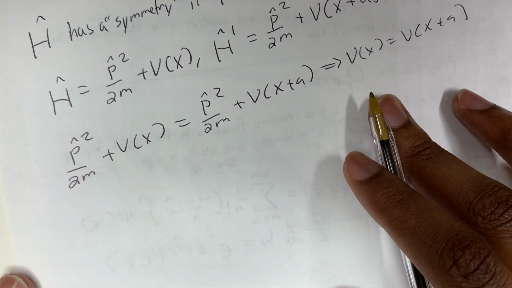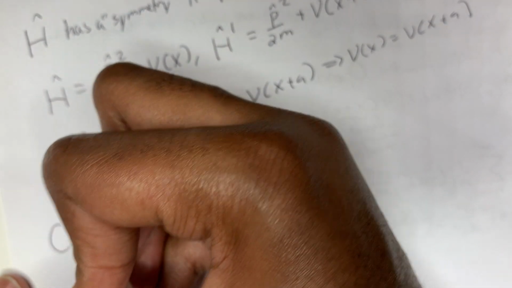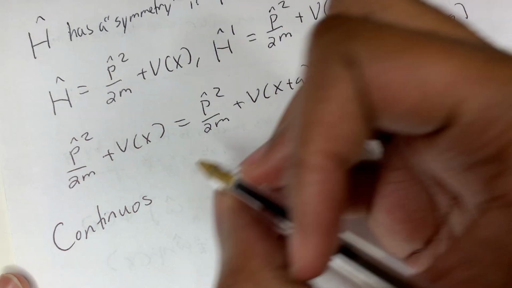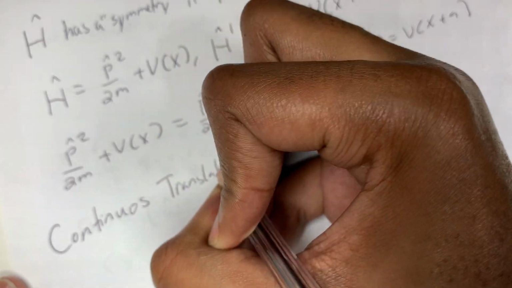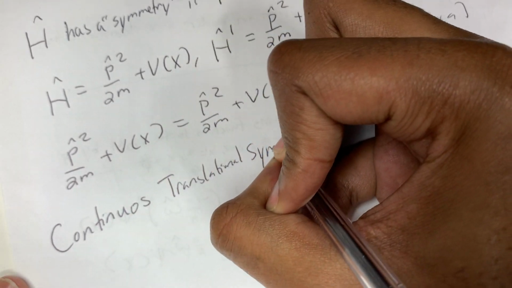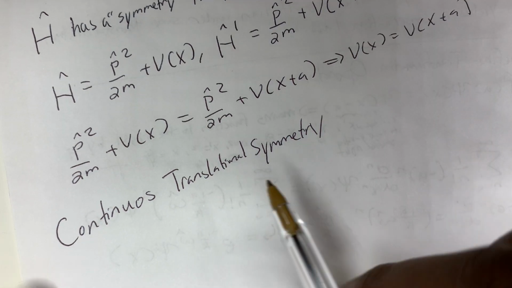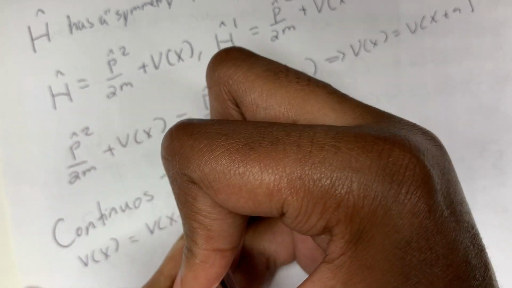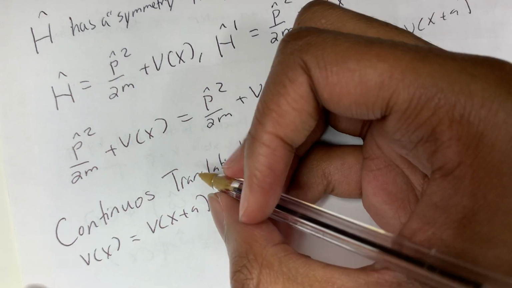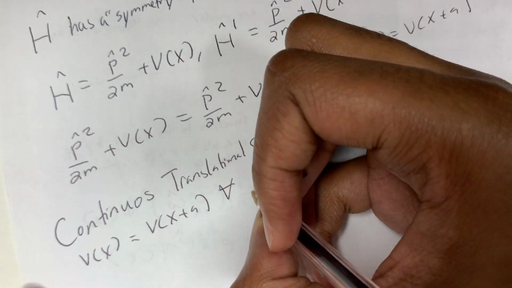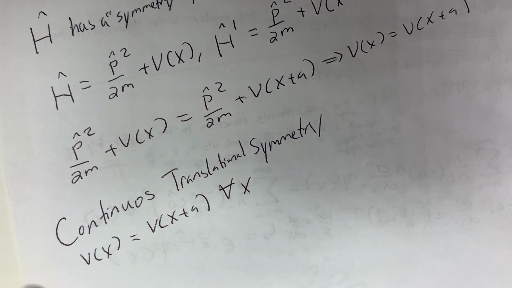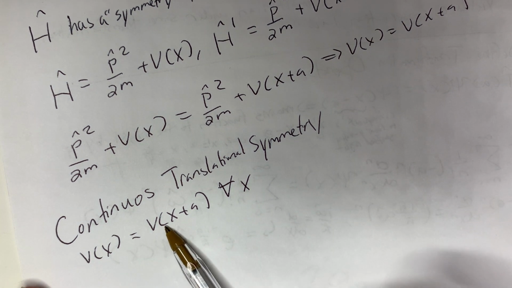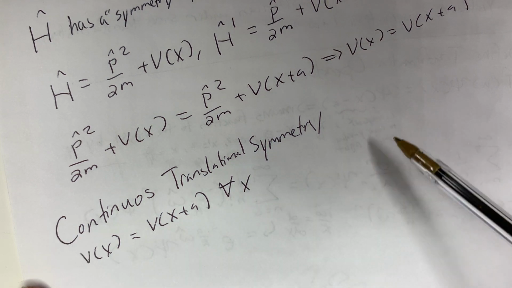So we call this a continuous translational symmetry. So you have a continuous translational symmetry if v of x equals v of x plus a for all x. So if for all x, v of x equals v of x plus a, we have a continuous translational symmetry.